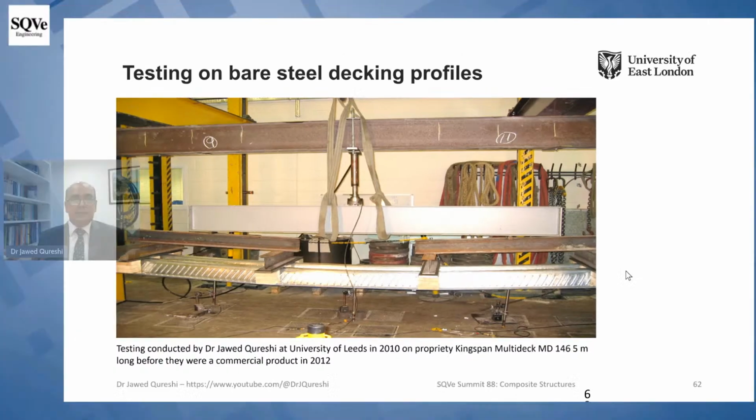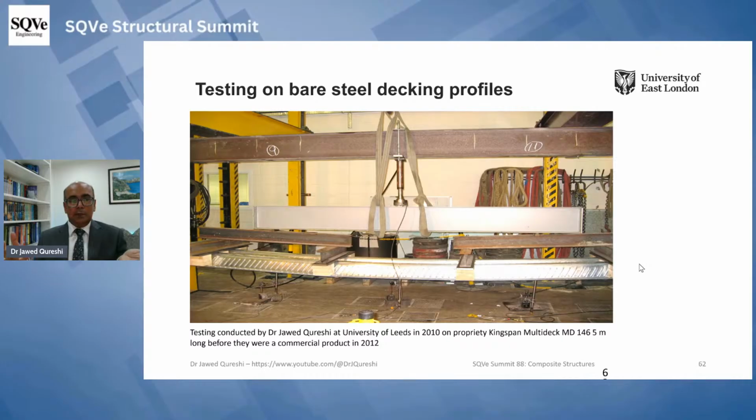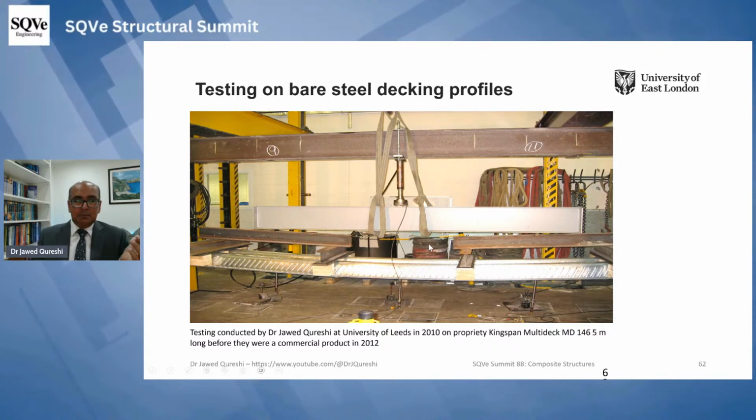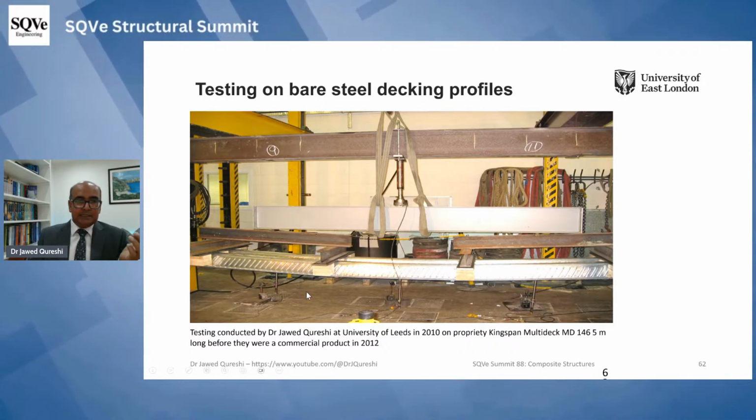And how do we work out bending capacity? This is the testing which I did. I was involved at University of Leeds back in 2010. This is Kingspan multi-deck 146 millimeter decking, and it is 5 meter long. So we applied this loading on a sheeting, and we saw at what load it fails, and it became a commercial product in 2012.